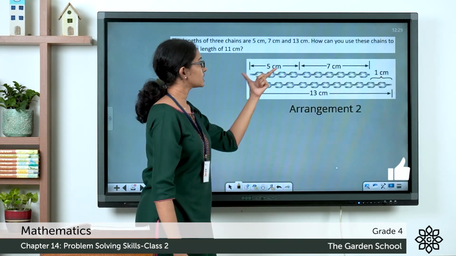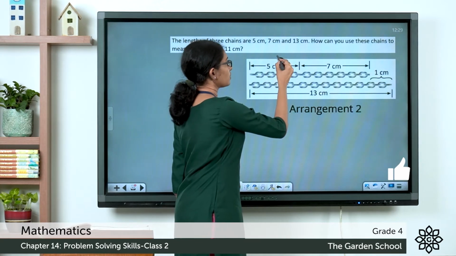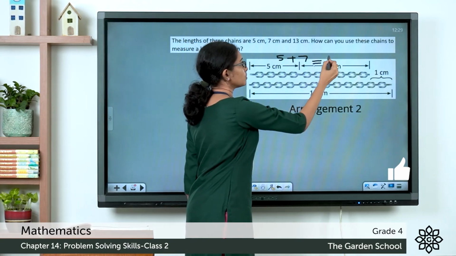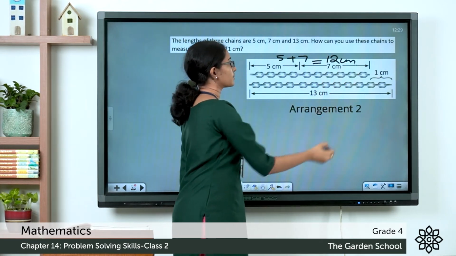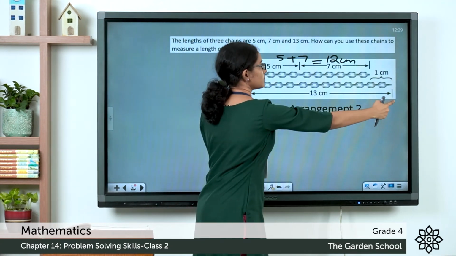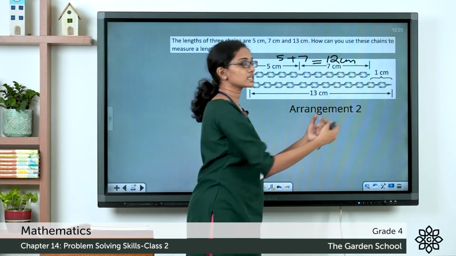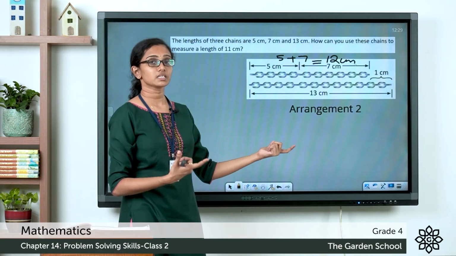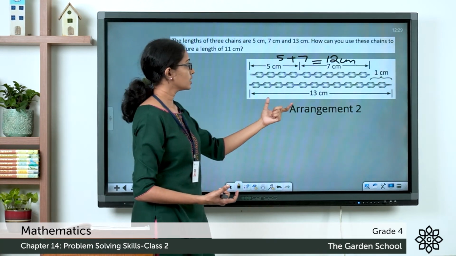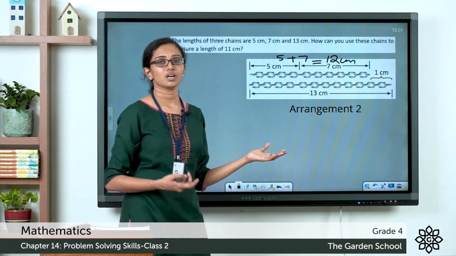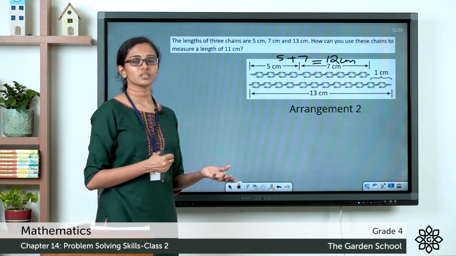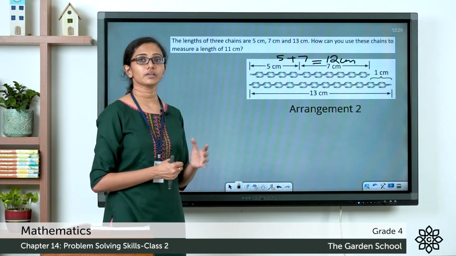So, together this will form 5 plus 7 is equal to 12 centimeter and here it is 13 centimeter, till here it is 12 centimeter. So, what is remaining? 1 centimeter is remaining. So, would it be easy to measure 11 centimeter using this arrangement? No, it won't be that easy. So, this arrangement also does not seem to be working.